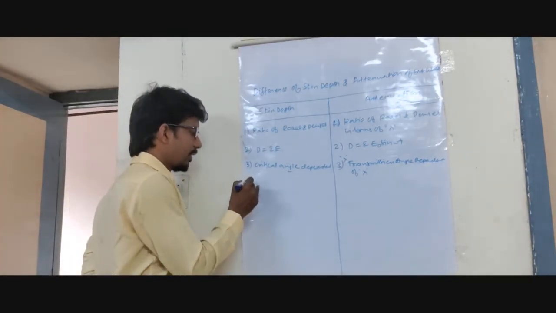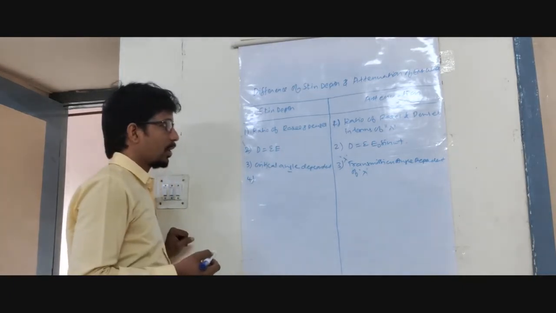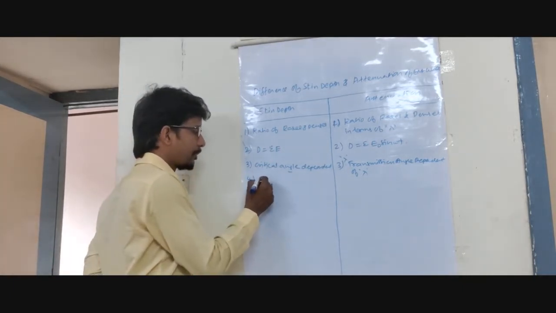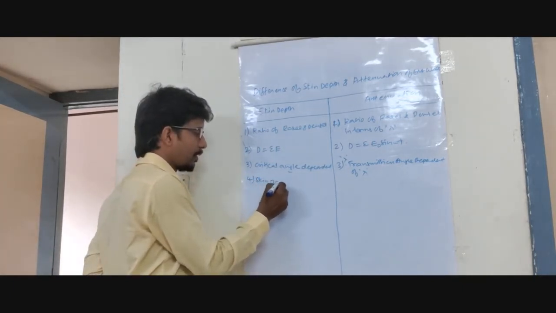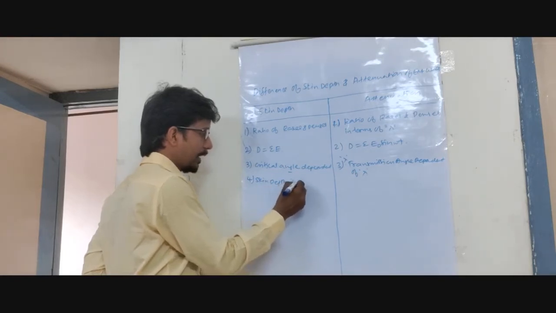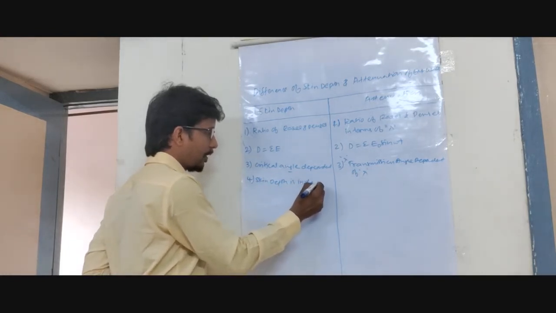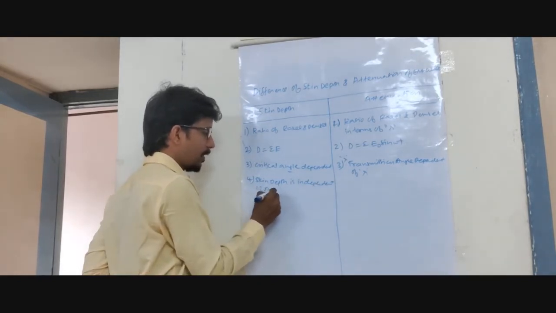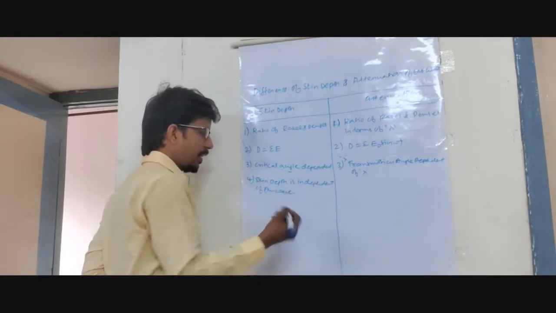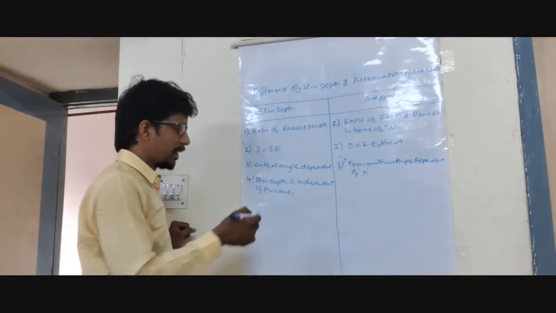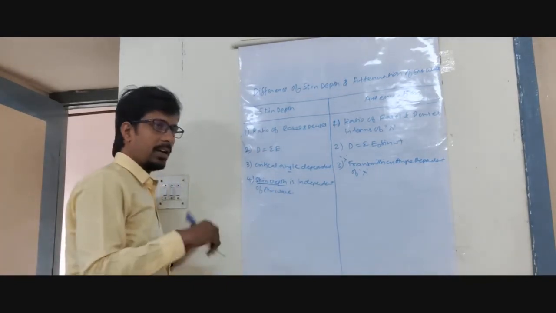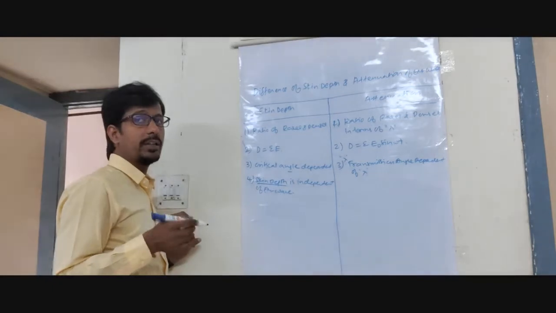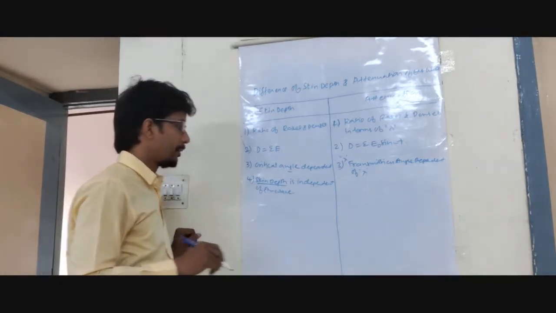And the fourth difference, last but not least: skin depth is independent of EM waves. Whatever the EM waves are, the skin depth depends on the thickness or thinness of the area of the wire.